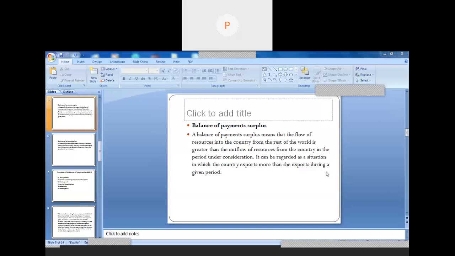Now the question arises: what does a balance of payment surplus offer to the country? How is it beneficial? What are the economic effects on the country and the citizens?